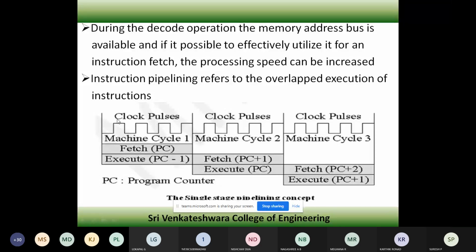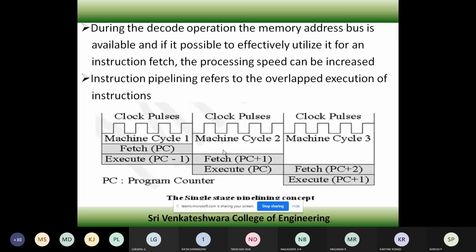The example given in the textbook is for 2 stages, only fetch and execute. We have discussed 3 stages, but the diagram given in your textbook is for 2 stages. You have to keep that in mind. Don't get confused between the definition given in the textbook and the figure given in the textbook.